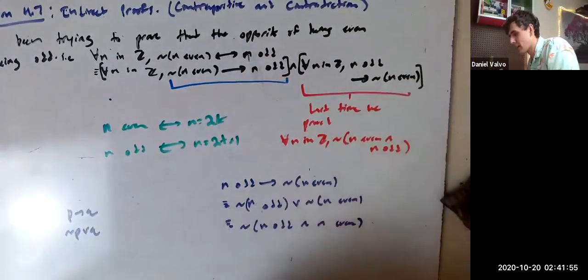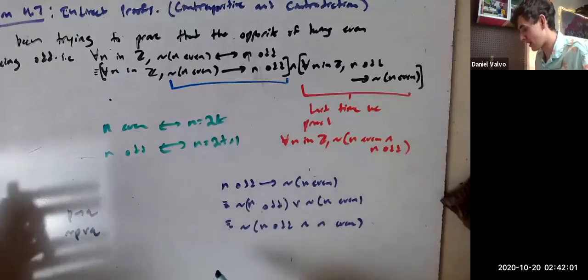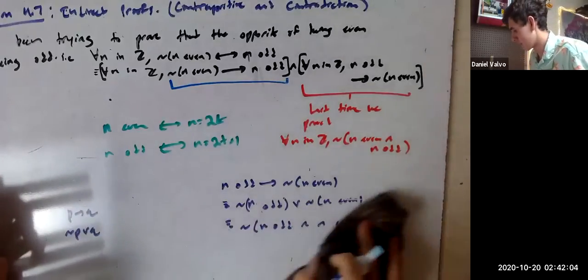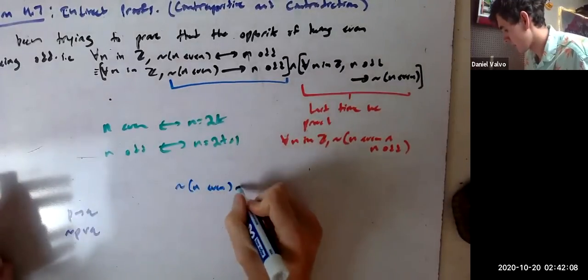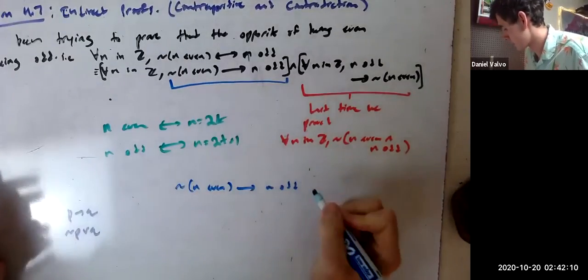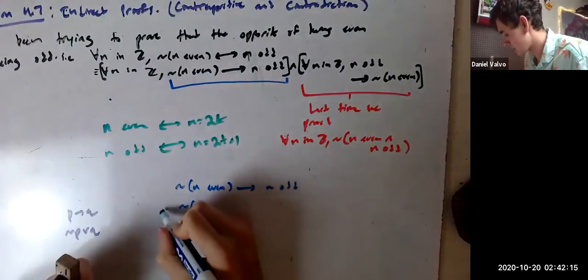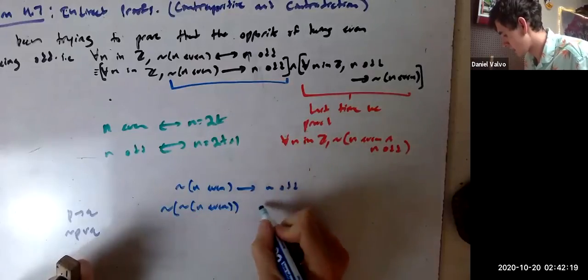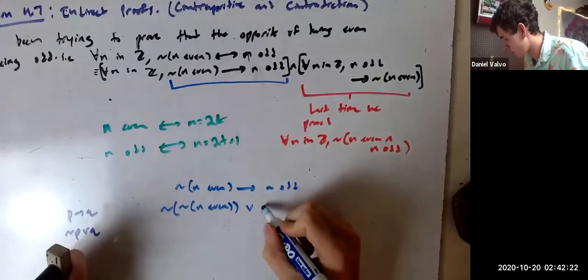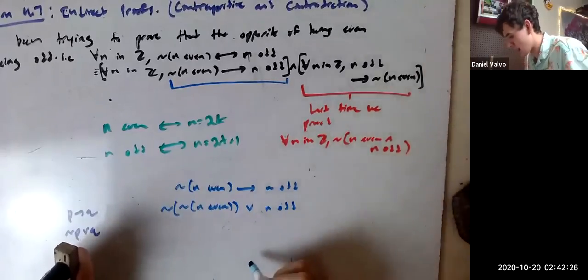That if n is not even, then it must be odd. And by the way, that's the same thing as saying that not n even implies n is odd, which is the same thing as proving that n even or n odd.